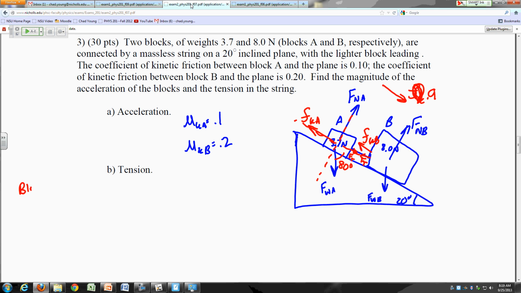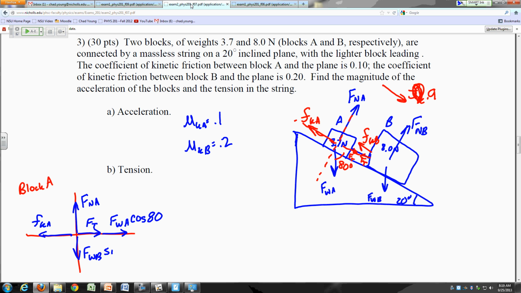So for block A, it's going to look like this: F_NA, F_KA, F_T.